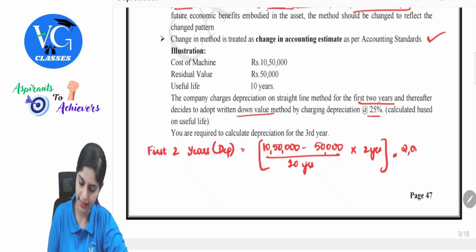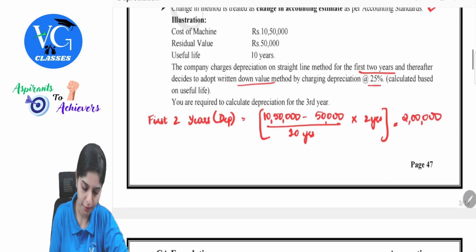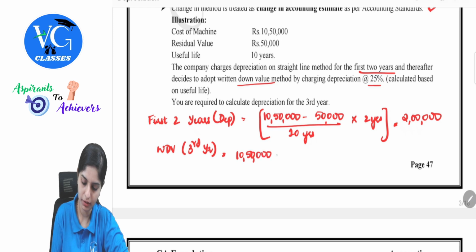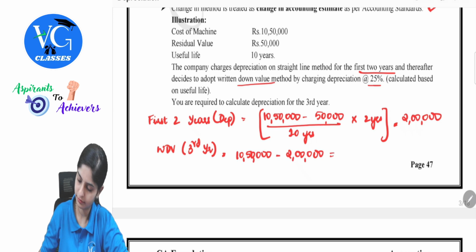So this is 2 lakh. So in the third year, if I have to check the WDV of the asset, 10 lakh 50,000 minus 2 lakh. So it is 8 lakh 50,000.